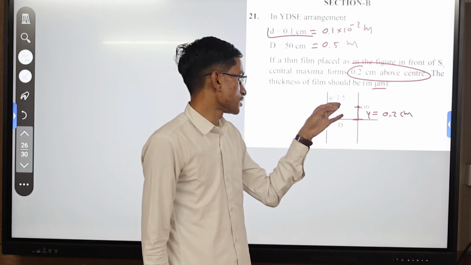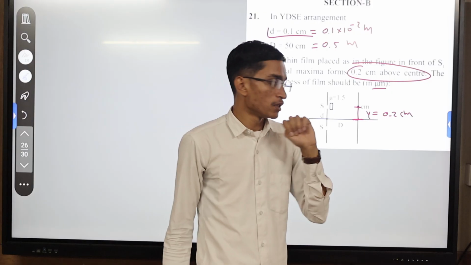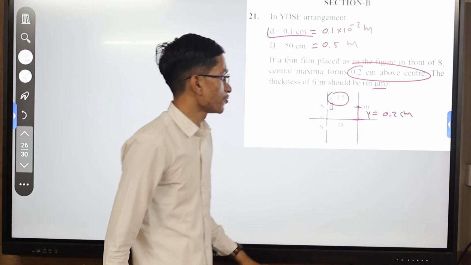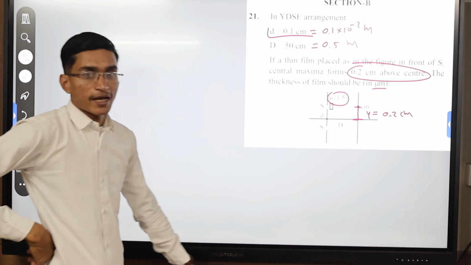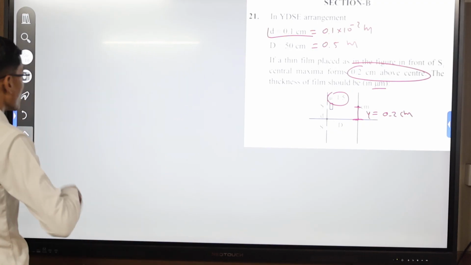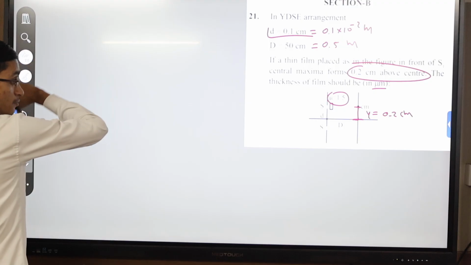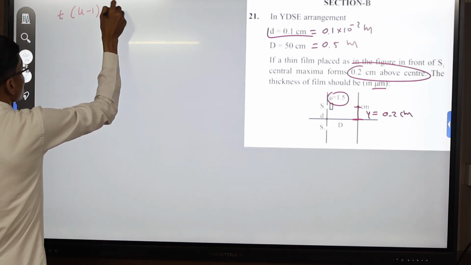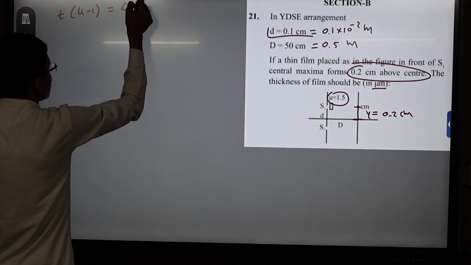Because of this slab, the path difference is created, and the value of mu for this block is 1.5. So we have derived this equation: T(mu minus 1) is equal to delta x.